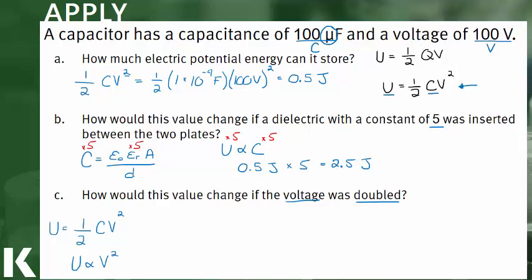So if we double the voltage, that means that our amount of energy that we can store would increase by a factor of 4. So if we want to calculate the new amount of energy that we can store, well, we started out with 0.5 joules. We can store 4 times the amount. So we would now be able to store 2 joules of electric potential energy.